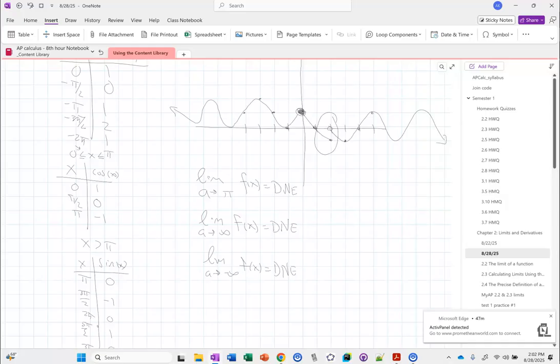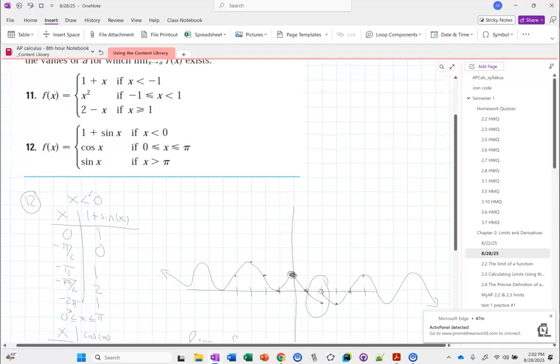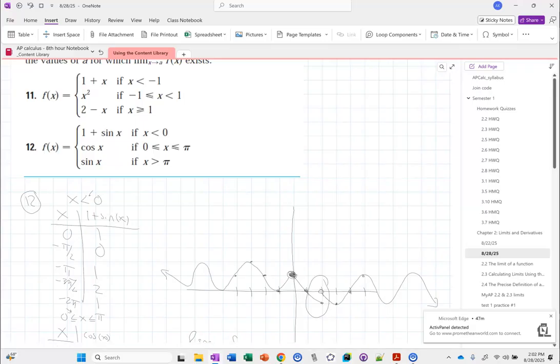Now, the smart approach here that we're not ready for, but let me just say, we can revisit this question after we talk about continuity. If I am looking at this with the knowledge that I now possess, and know what's coming, this is a continuous function, this is a continuous function, and this is a continuous function, right?